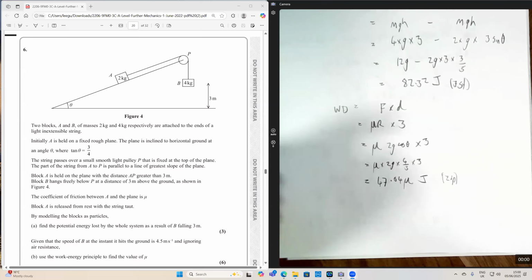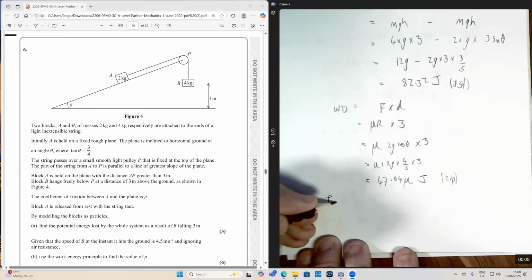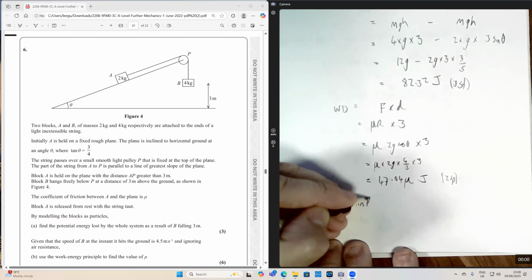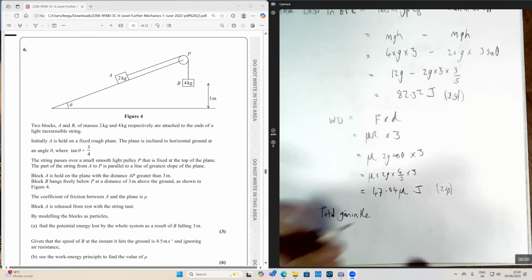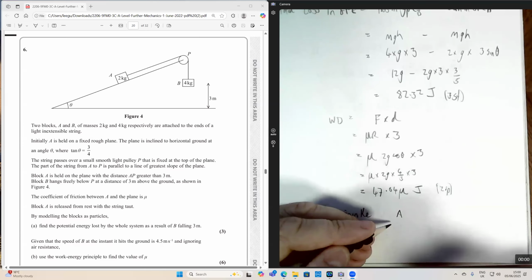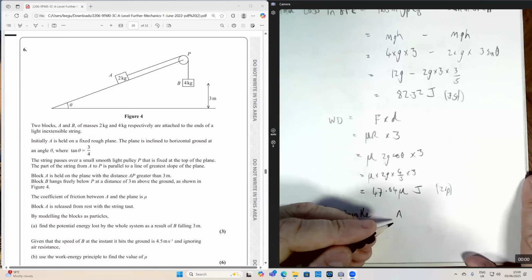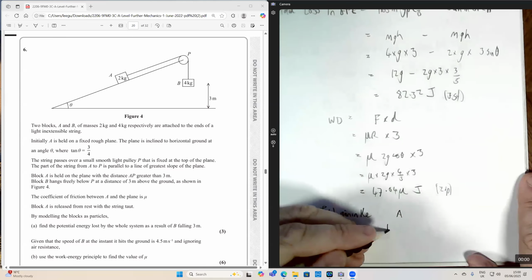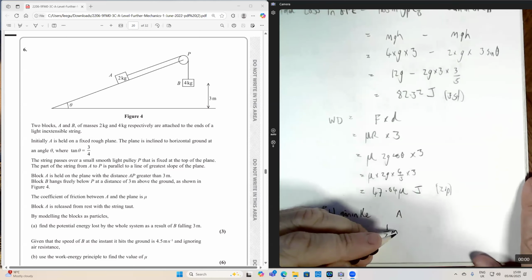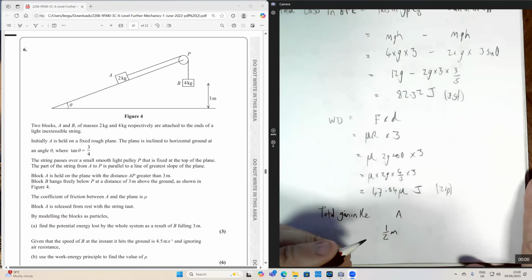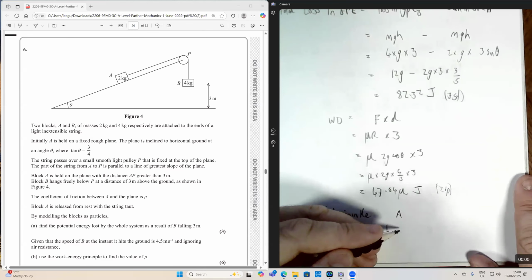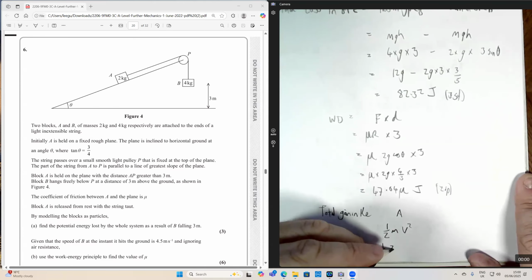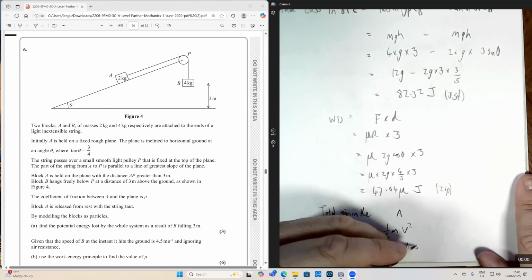So now we need to know our total gain in kinetic energy. Well, the system's released from rest. So the gain in kinetic energy for block A, let's label them A and B, is going to be a half mv squared. So a half m, and we're told in the question that B hits the ground at 4.5 meters per second, so it's going to be a half times 2 times 4.5 squared.